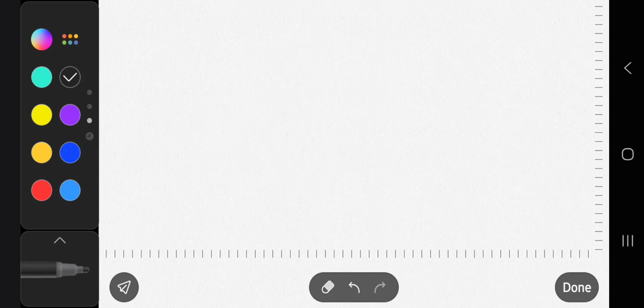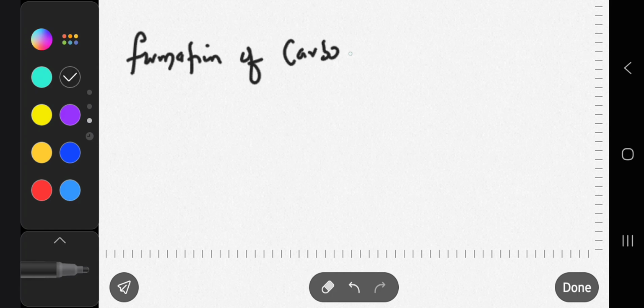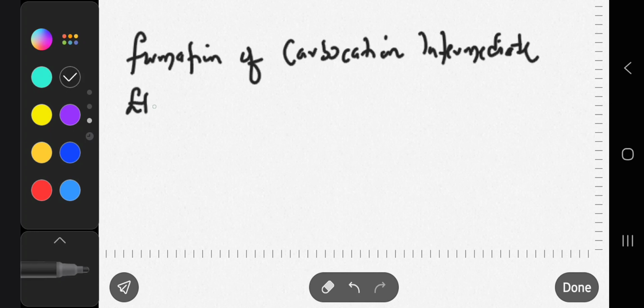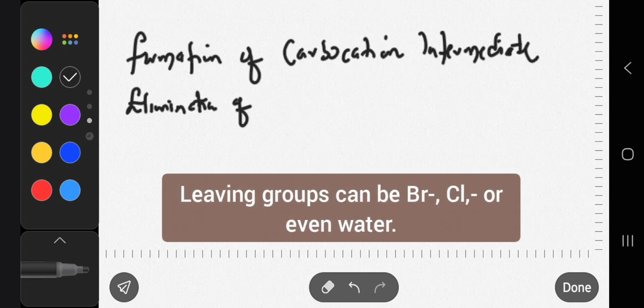Now, the two steps that are involved are the formation of what we call a carbocation intermediate, followed by the elimination of what we call the leaving group.